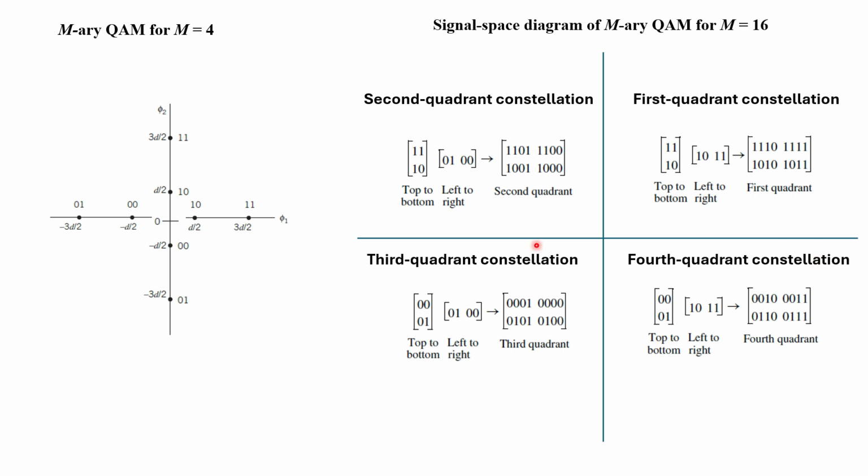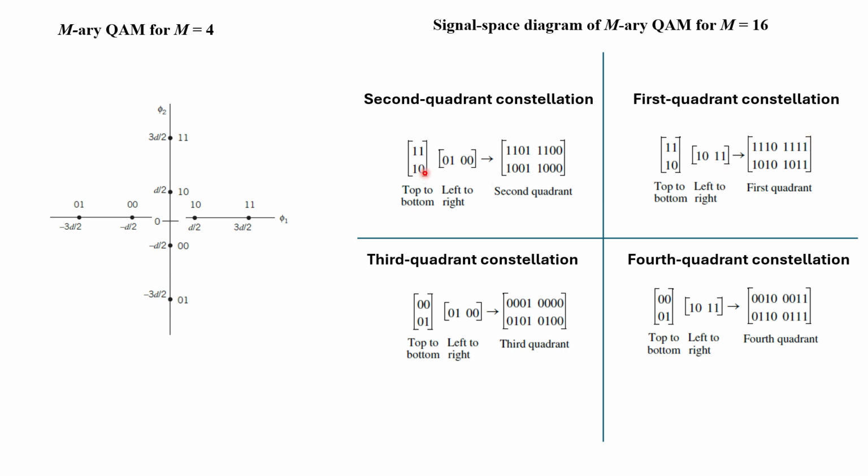The rule is you have to write the vertical constellation from top to bottom and the horizontal components from left to right. What is the vertical component? That is 11 and 10. What is the horizontal component? 10 and 11. Write it and concatenate it: 1110, 1111. Similarly 1010, 1011. So this is the first quadrant constellation.